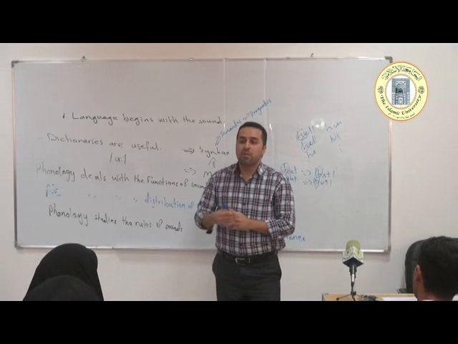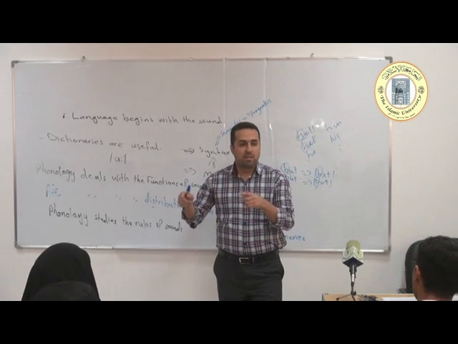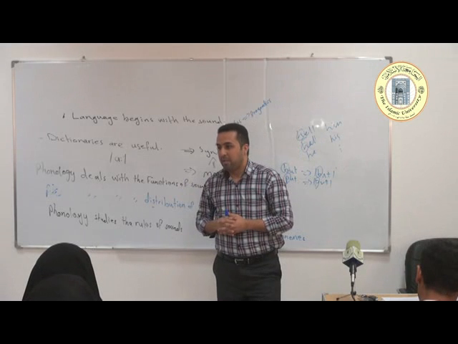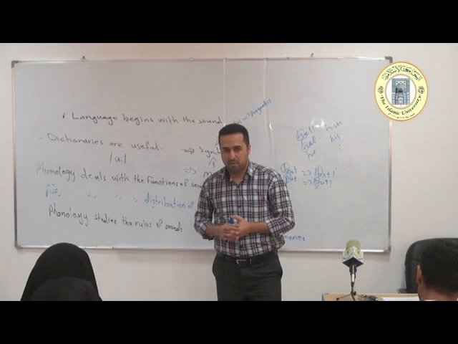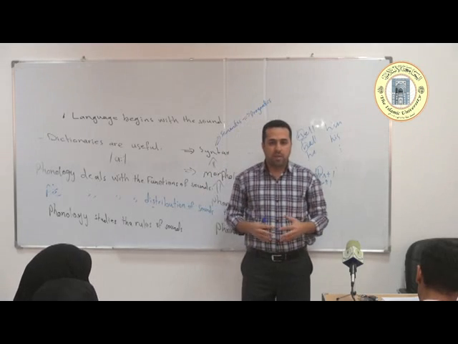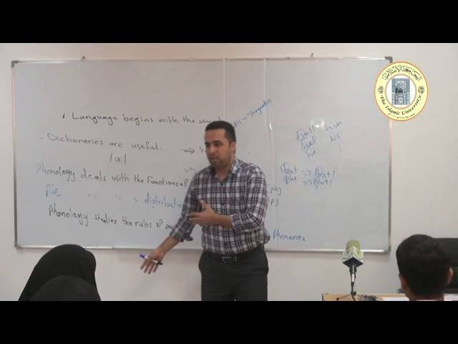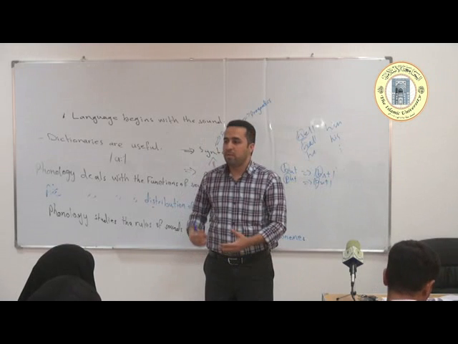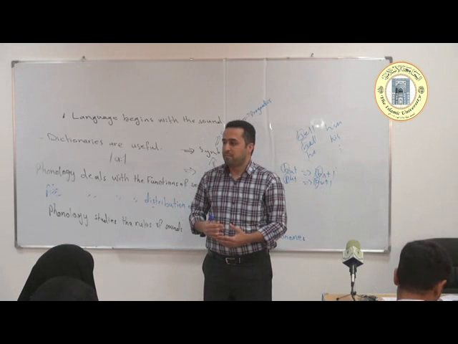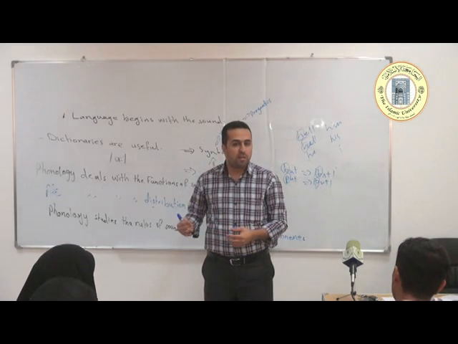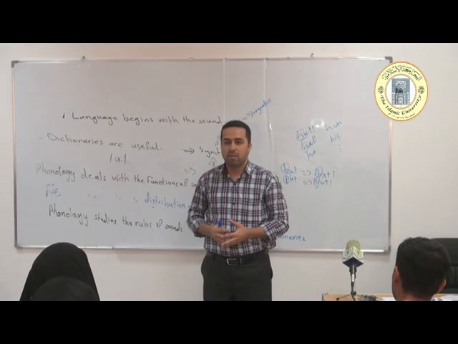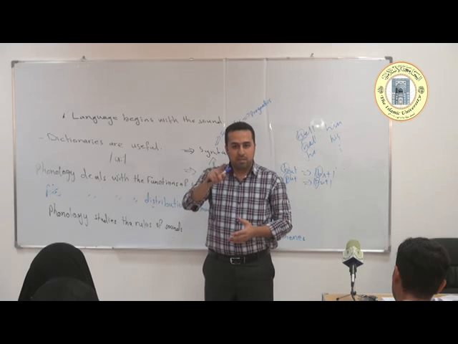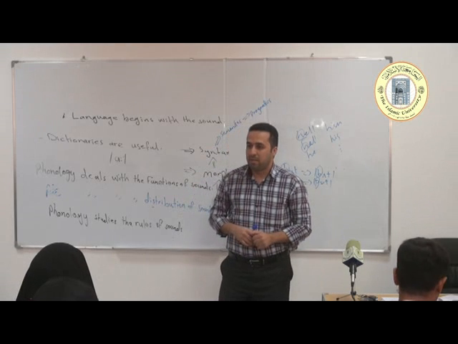And this is what we call what? Accents. Different accents. Okay? And I think you know that in the first year and the second year we deal with which accent? The British, the formal British accent. RP, right?